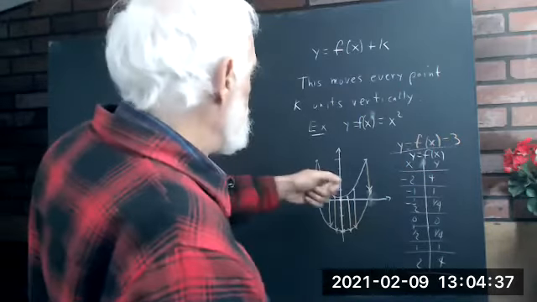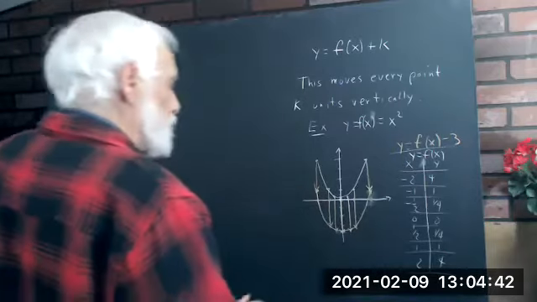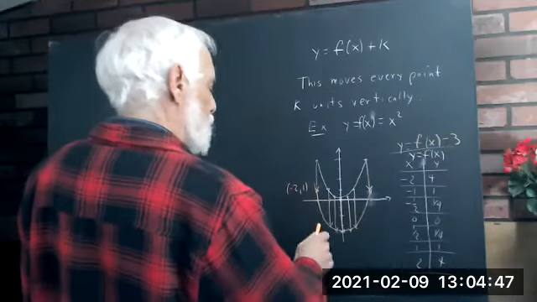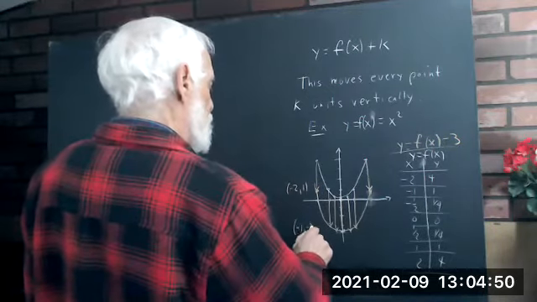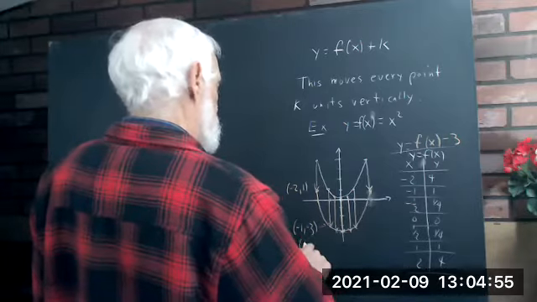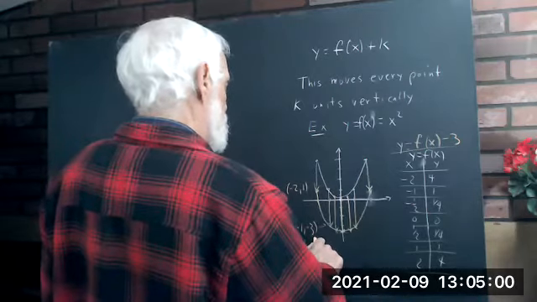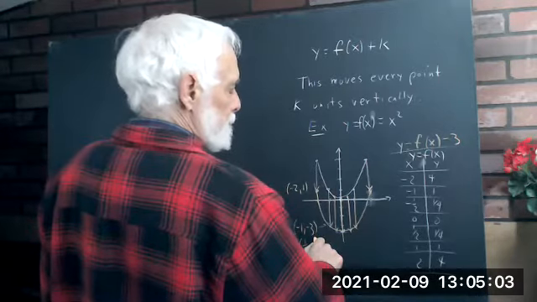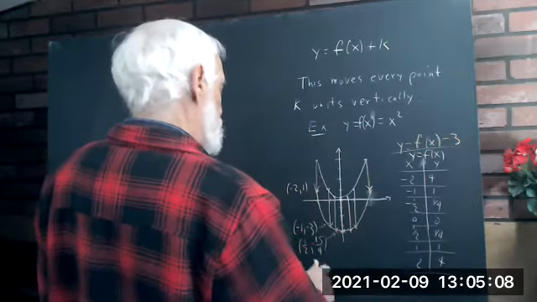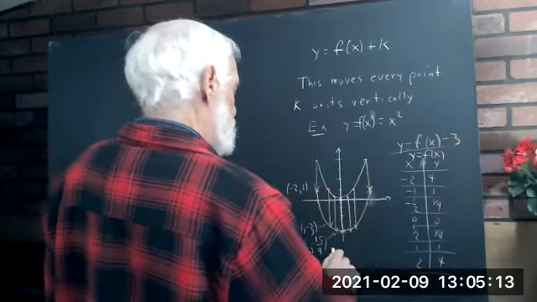Now, if I want a table for this graph, I can see that this point is -2, 1. This point is -1, -3. This point is 1/2, -3 3/4, but I'll write that -15/4. 0, -3.